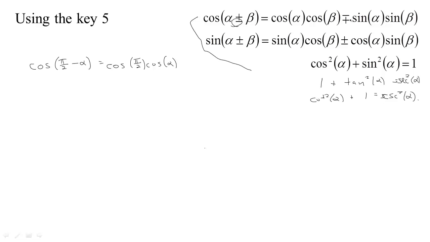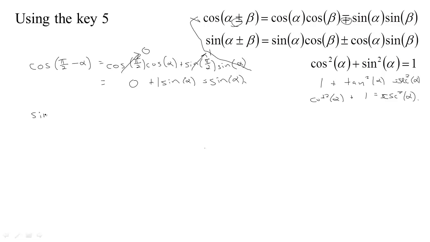Since it's a minus sign here, we use the plus, the sine of the first angle times the sine of the second angle. Now, the cosine of pi halves is 0, so 0 times cosine alpha is just going to be 0. The sine of pi halves is 1, so we'll get 0 plus 1 times the sine of alpha. So just from knowing this angle sum identity, you got the cofunction identity.